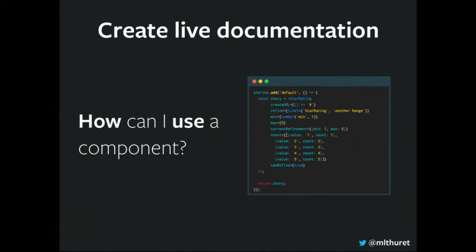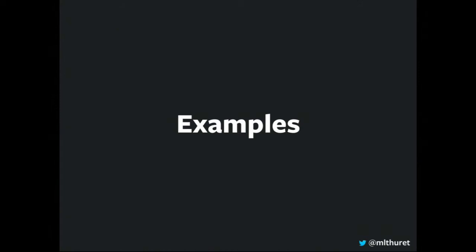You will see the props that you need to pass. It's super helpful. And what is great is that Storybook allows you to build a static version of it, so you can publish it somewhere on the internet, internally, whatever, and you will have a URL you can share with your coworkers or the world, depending on your use case.